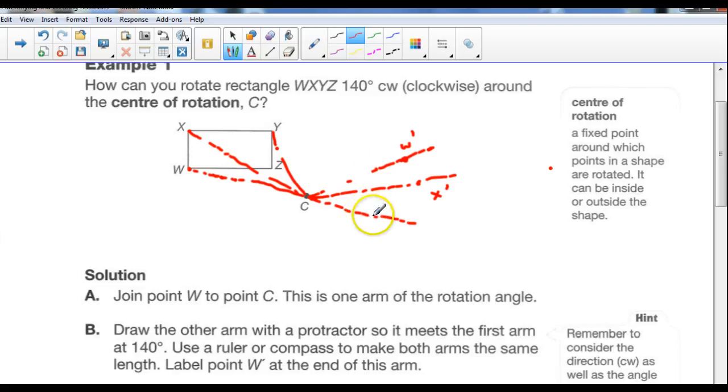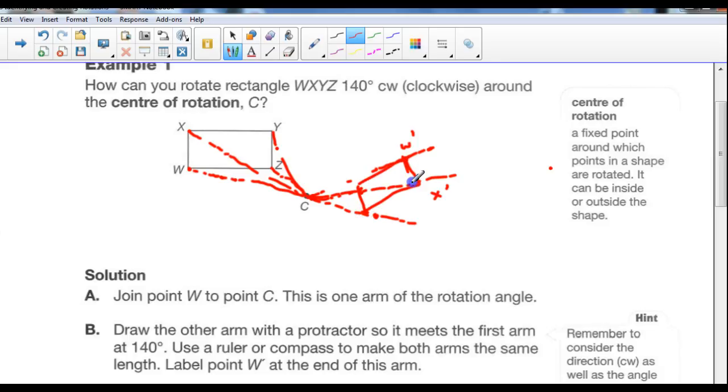And we connect Y. And we do the same thing to Z. And we go 140 degrees for Z. And it's going to be down. It's going to connect there. Actually, Y is probably down here. It's going to be there, and Z is going to be somewhere over here.